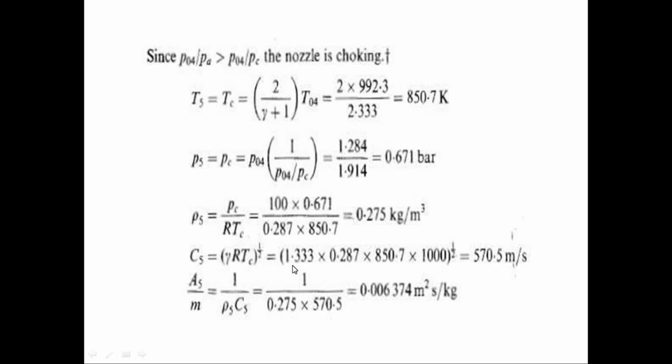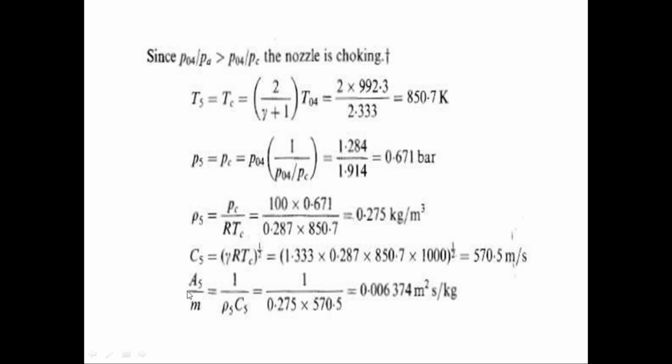Gamma is 1.33 and R is 0.287. Tc is 850.7 multiplied by 1000. This speed of sound will come out to be 570.5 meter per second.